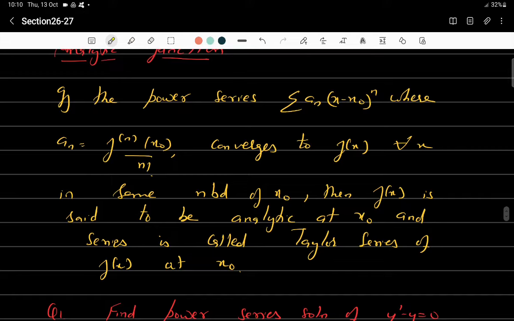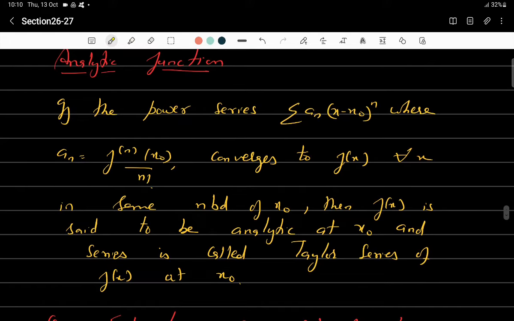So analytic function: if a power series converges to f of x in some neighborhood of x naught, meaning in the interval of convergence, then f of x is said to be analytic at x naught.